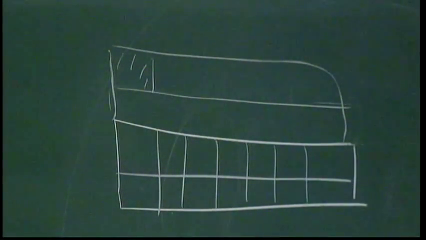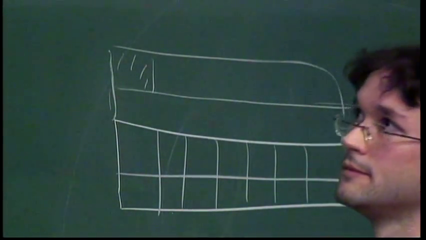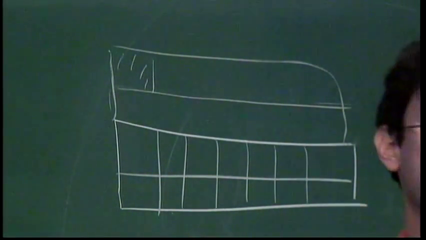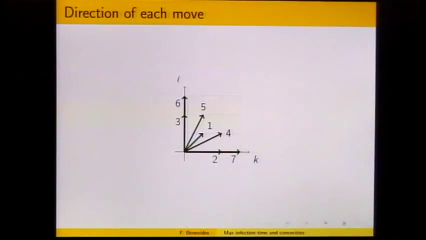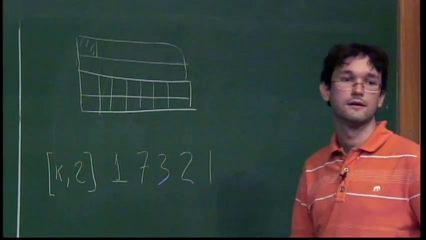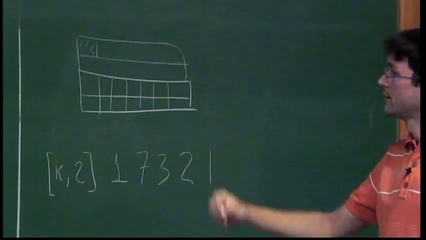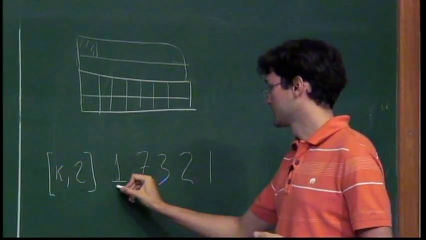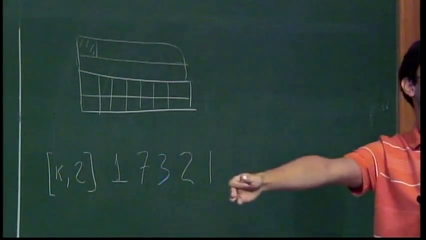So we can then represent the solution by the sequence of moves that you apply until you get to the whole thing. We start with some k by 2 rectangle, and from this guy I can apply, say, move 1, and then move 7, and then move 3, move 2, and whatever, until finally I have my n by n rectangle. Just by knowing the moves, I know how long it takes to get there.